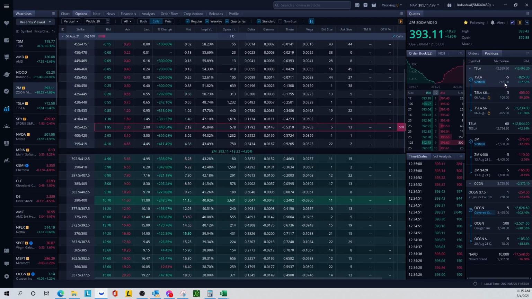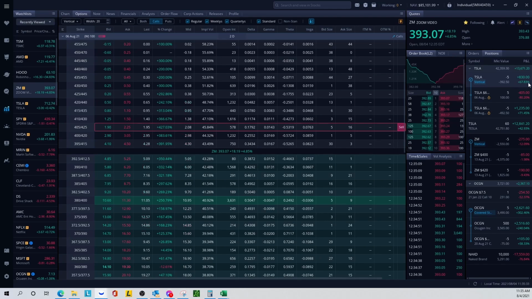The market value is negative, but that just means that's part of the credit you received initially. On this spread, if you add these two numbers, or the signs, that's what I received initially on the trade. And as the trade starts to move in your favor, whether it's a put spread or a call spread, then you start to see unrealized profit and loss until you exit the trade.